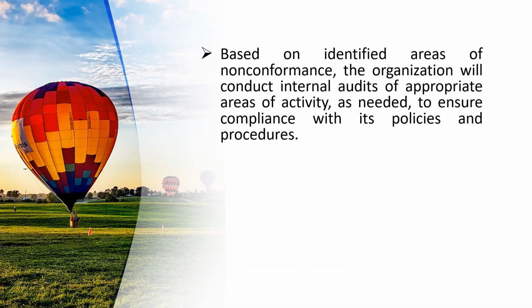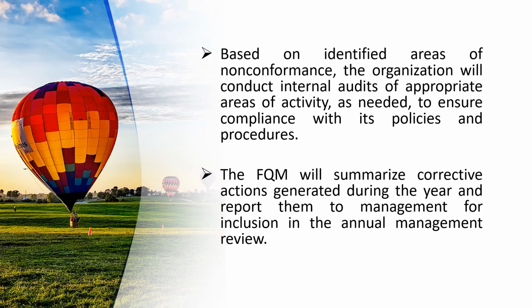Based on identified areas of nonconformance, the organization will conduct internal audits of appropriate areas of activity as needed to ensure compliance with its policies and procedures. The FQM will summarize corrective actions generated during the year and report them to management for inclusion in the annual management review.